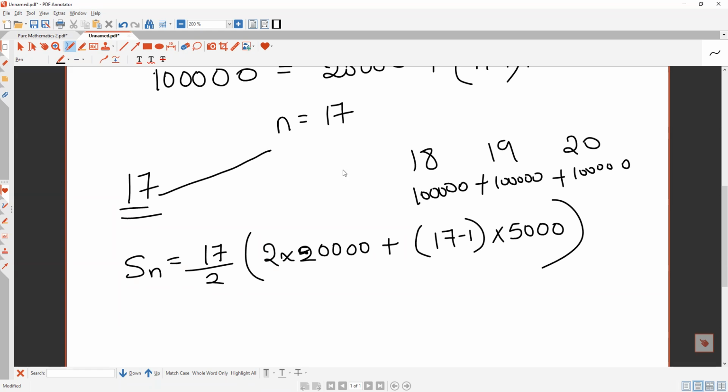Can you use the a plus l formula? Yeah, why not. Answer.